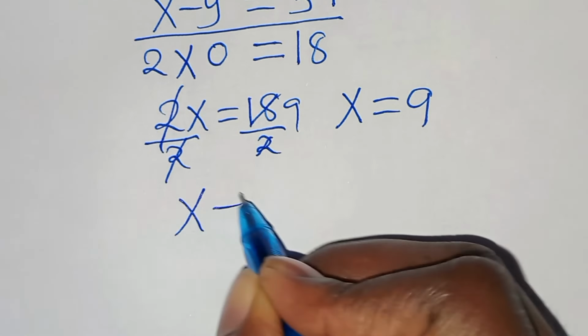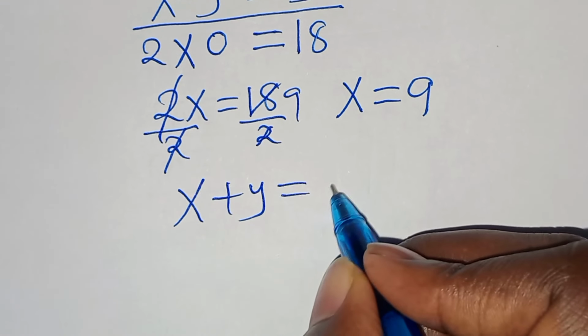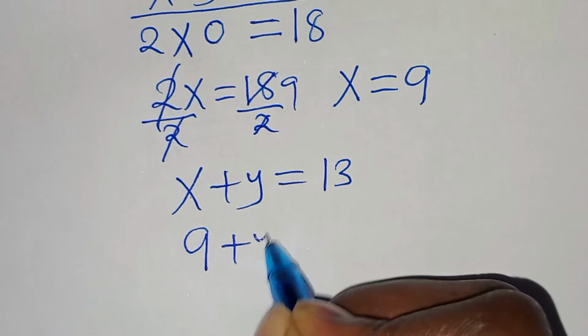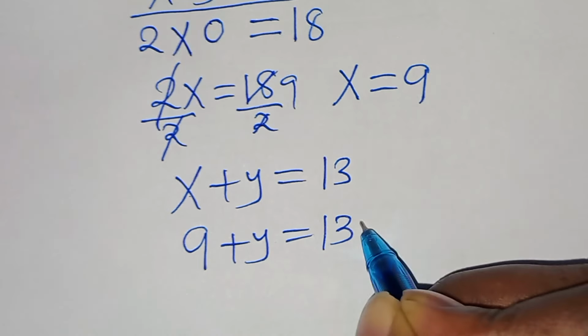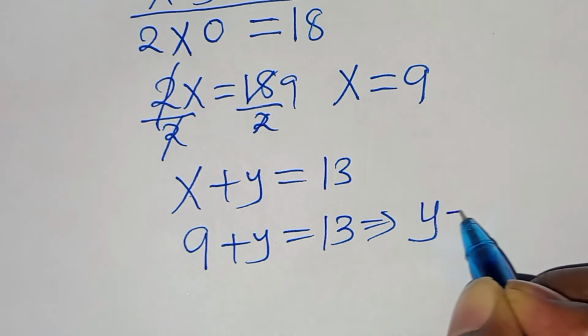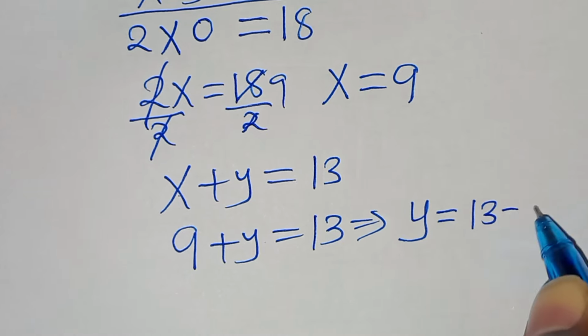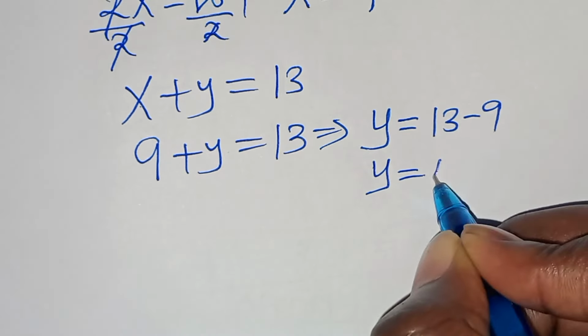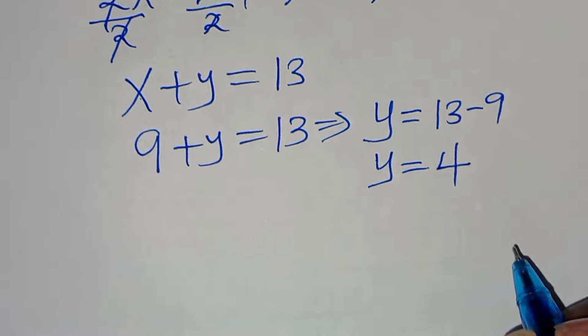Then we can solve for the corresponding value of y. Let's substitute x: 9 plus y is equal to 13, and this implies that y is equal to 13 minus 9, which means that y is equal to 4.